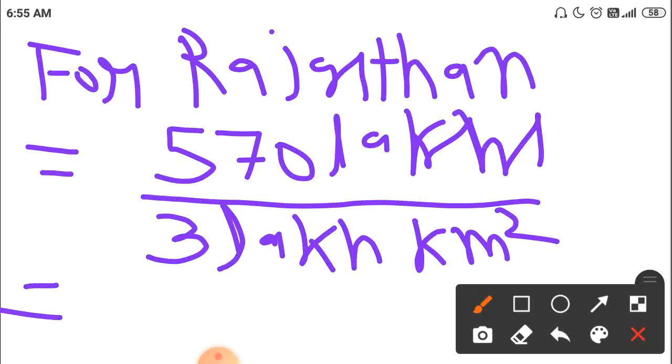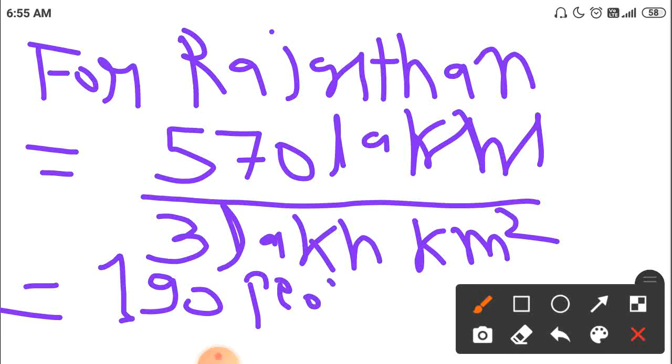On dividing it, we get the answer 190 people per square kilometer area.